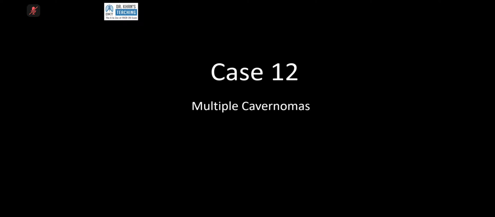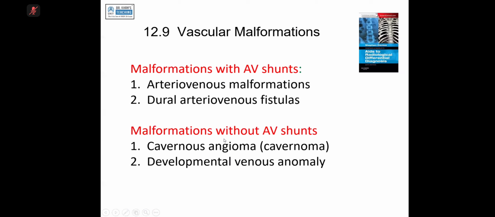So he presented with headaches. Cerebral amyloid angiopathy is usually in the 60 plus age group, and these patients will have what we call white matter changes. So that was a key finding to differentiate between the two.